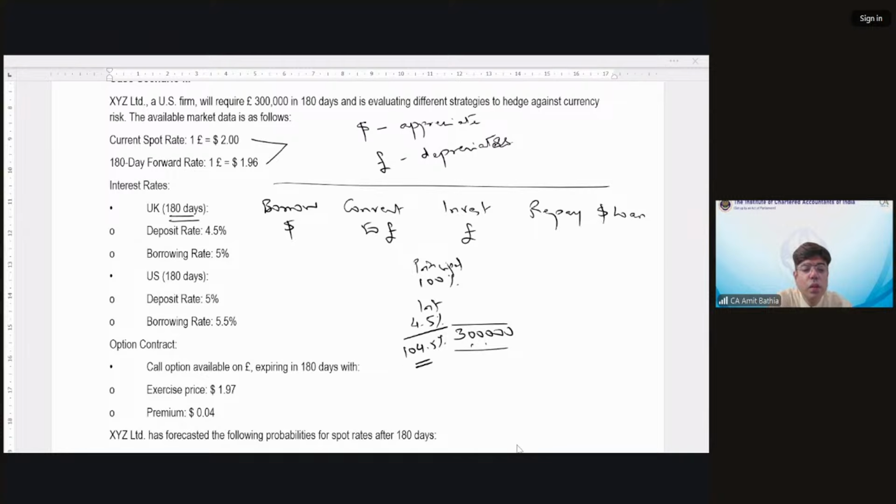That comes to 287,081. This is the pound which is required by you to be invested today, right? So in other words, I need 287,081.